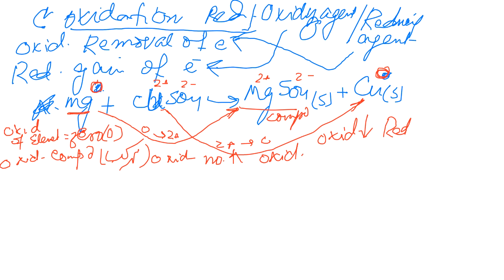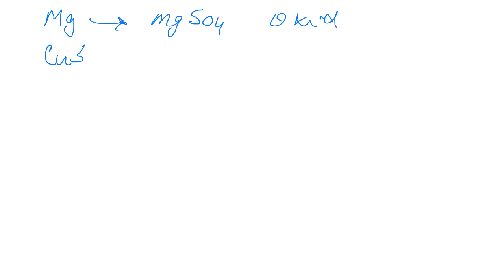In this way, you will find half oxidation and half reduction. Magnesium changed to magnesium sulfate is oxidation, and copper sulfate changed to copper is reduction. So in this way, you can write two half reactions, half oxidation and half reduction. Any question, please ask me now.